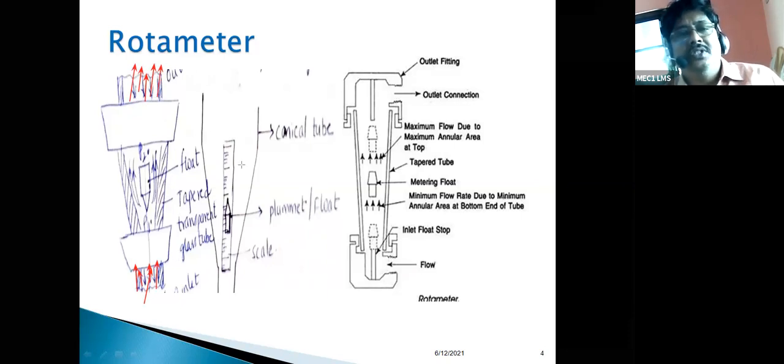See here, this is the rotameter. Actually, it is in our lab, instrumentation control system. It is a long and tapered glass transparent tube.